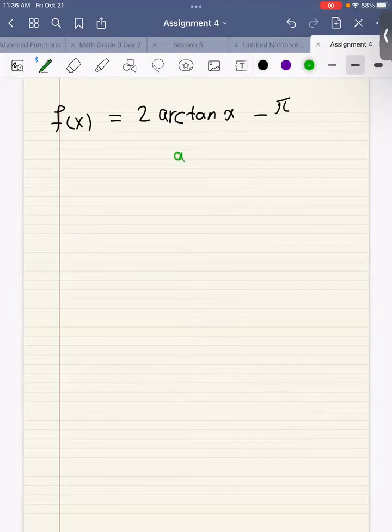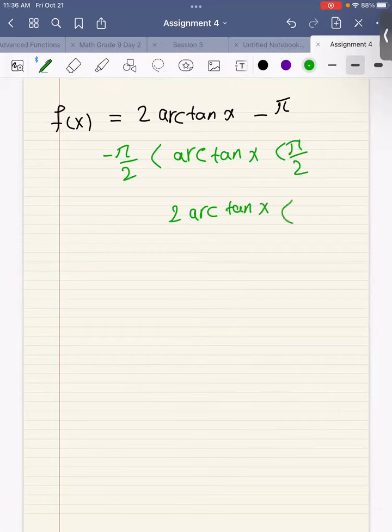First of all, we know arctan of x is in the open interval between minus pi half and pi half. So if you multiply this by 2, 2 times arctan is between pi and minus pi.